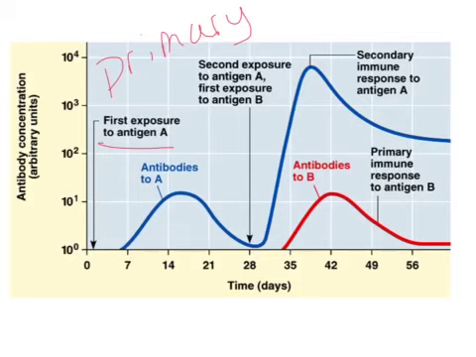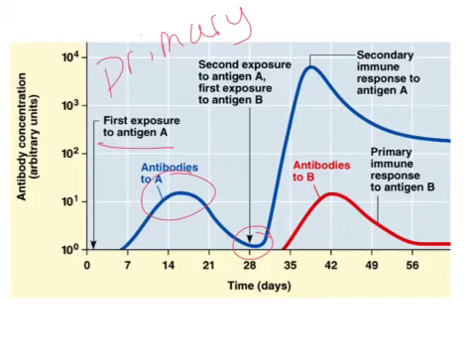You'll see it takes me almost 2 weeks to get up to peak antibody formation. Upon my second exposure, you'll notice my antibodies never dropped back down to 0 because I had some of those memory cells there. So now at day 28, I have a second exposure to that pathogen.